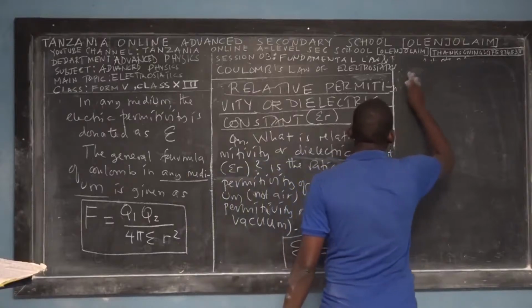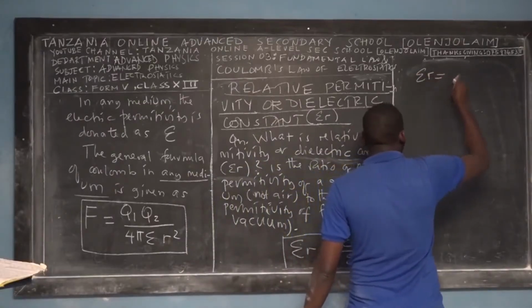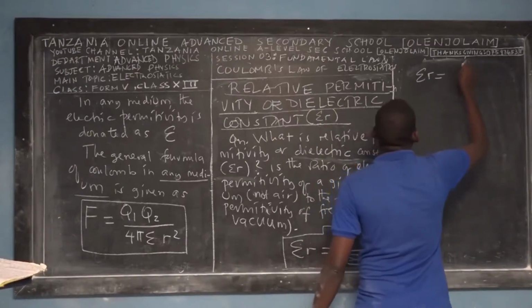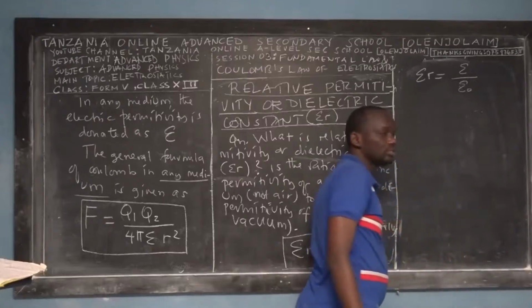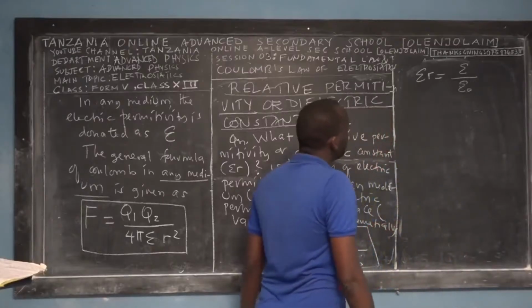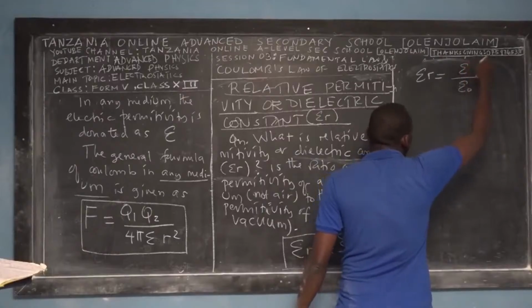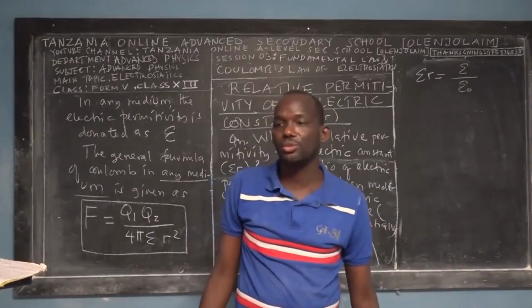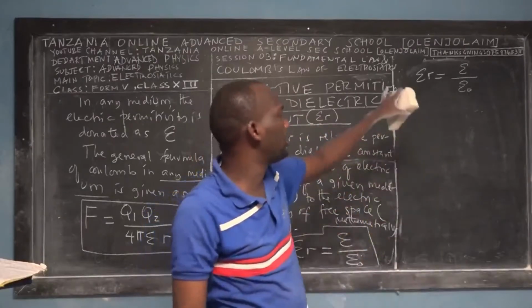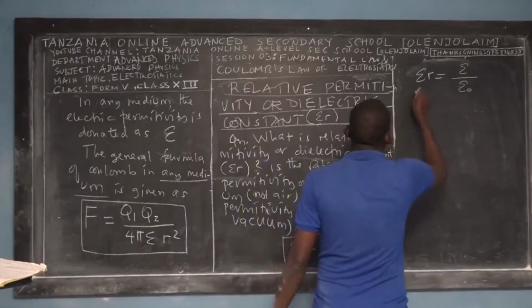So relative electric permittivity is equal to the permittivity of the medium over the permittivity of the free space. What do you realize? If you take relative density, it's unitless, it does not have a unit, similar to relative permittivity.